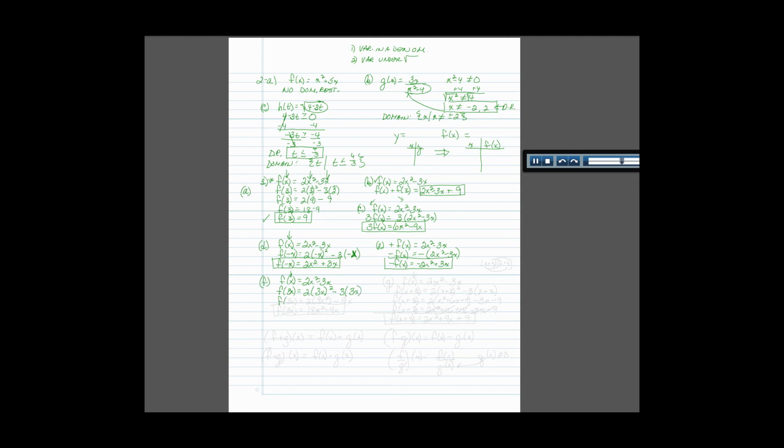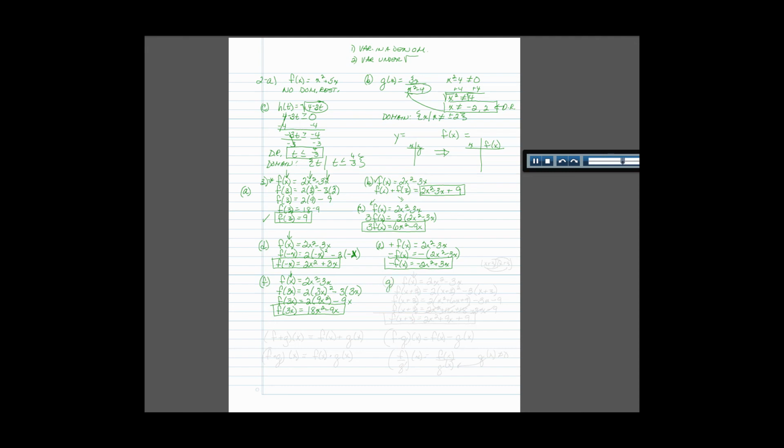So I have f of 3x equals 2 times 3x squared, which is 9x squared, minus 9x, or f of 3x equals 18x squared minus 9x. And notice how careful I'm being about using parentheses every time I take an x out.